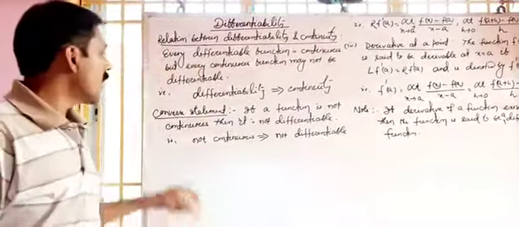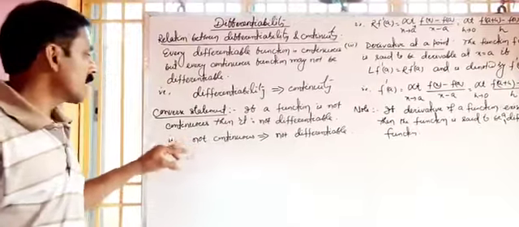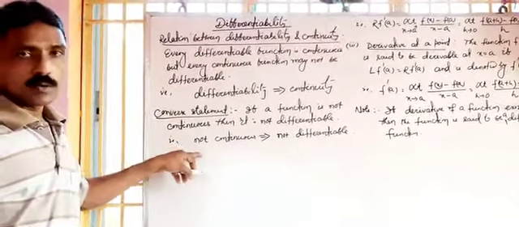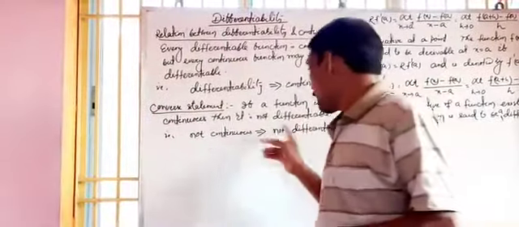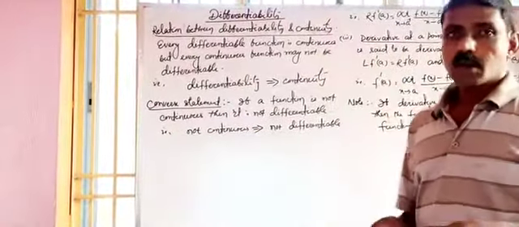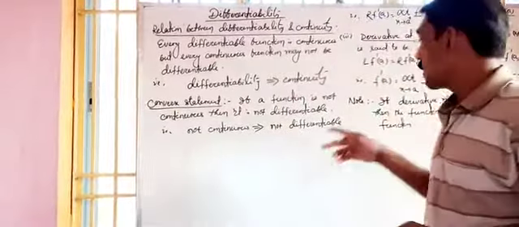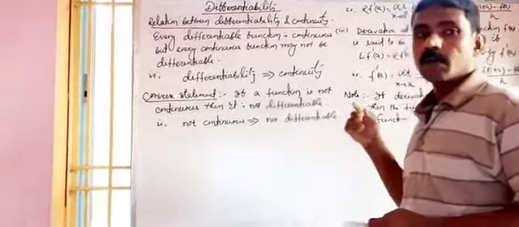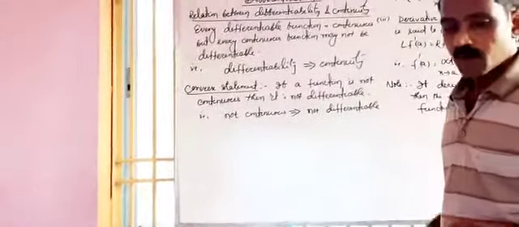Or suppose someone is starting from continuity, and has proved that the function is continuous, then you have to prove again for differentiability. But if you find that the function is not continuous, then again you need not prove for differentiability. You write, since the function is not continuous, it is not differentiable.